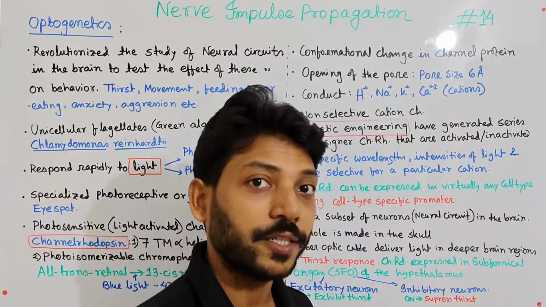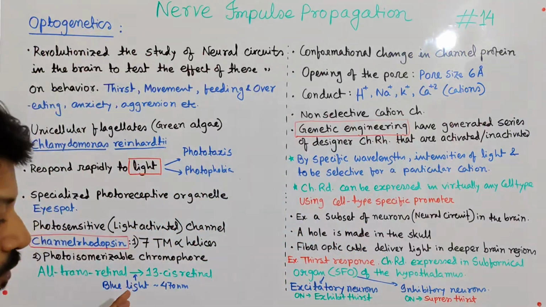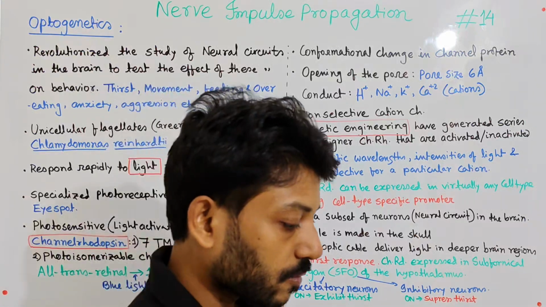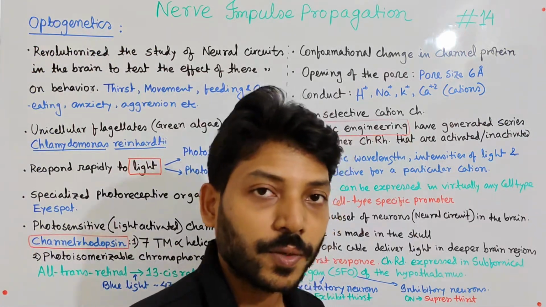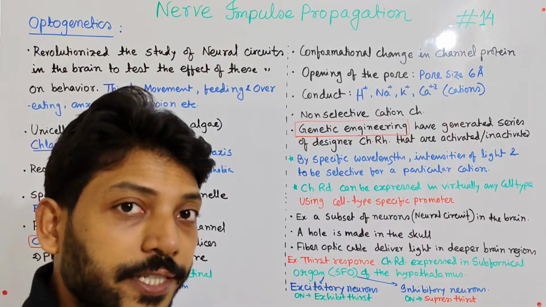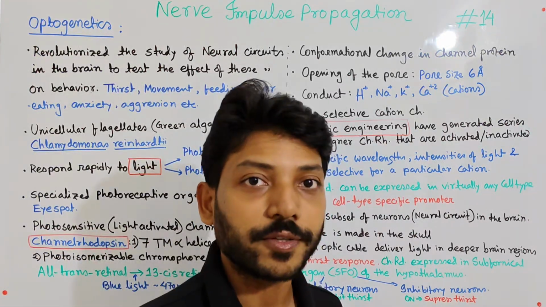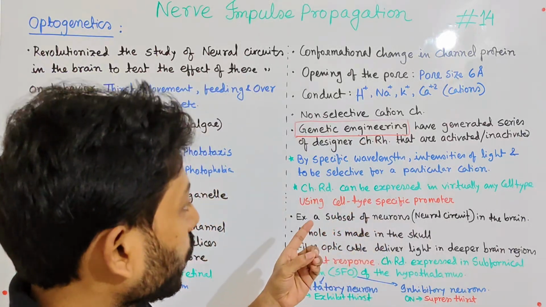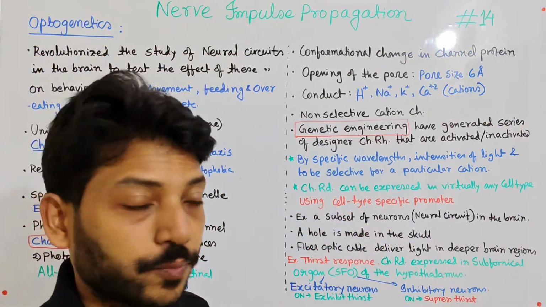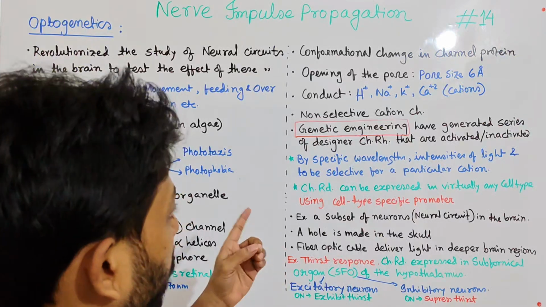Now here comes the role of genetic engineering. Scientists found a very promising approach, because now they have generated a series of designer channelrhodopsins. By changing some amino acids, they can develop different types of channelrhodopsin proteins that are activated or inactivated by specific wavelengths.